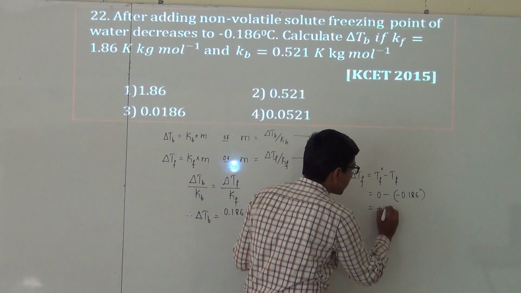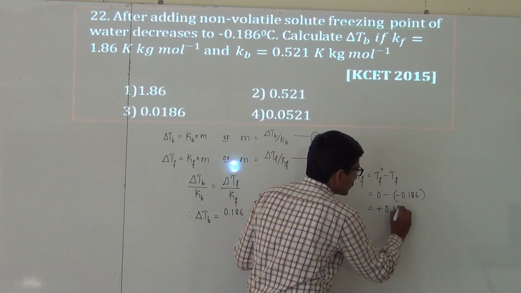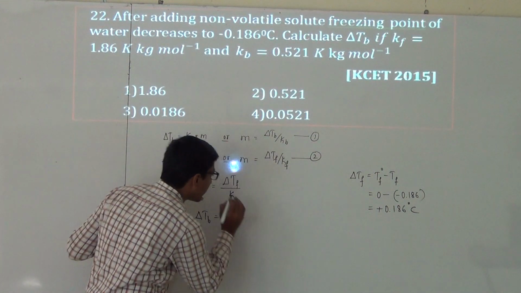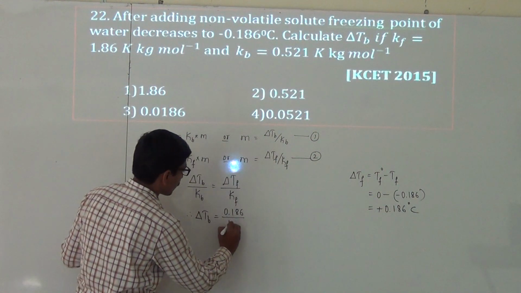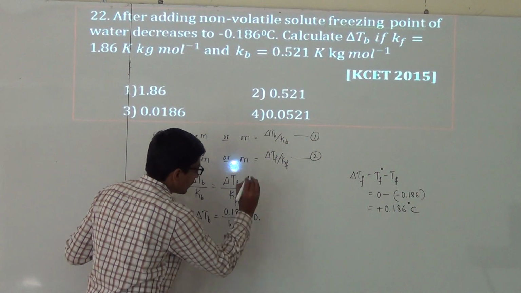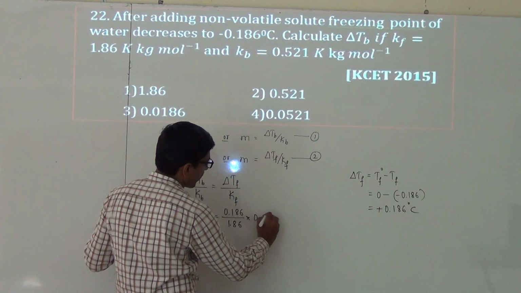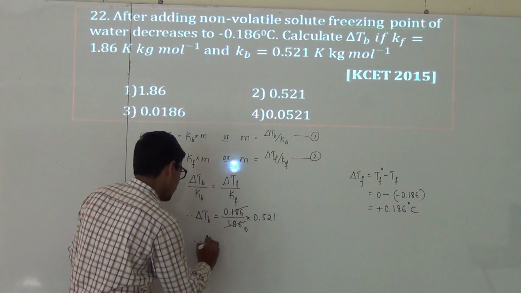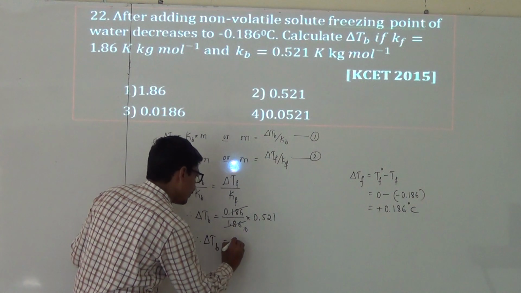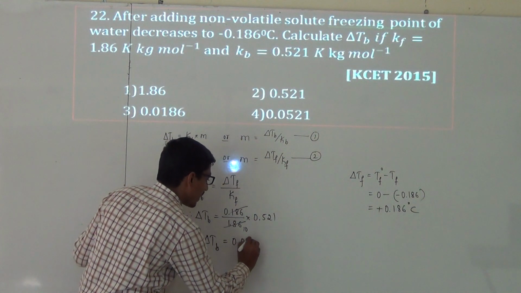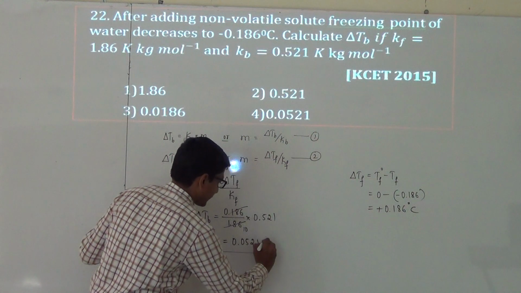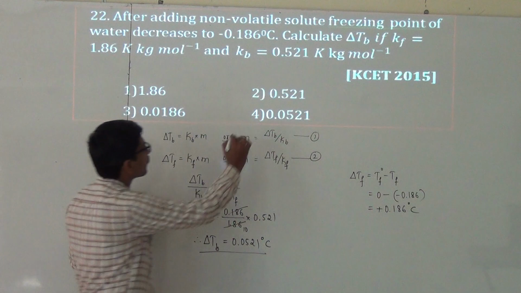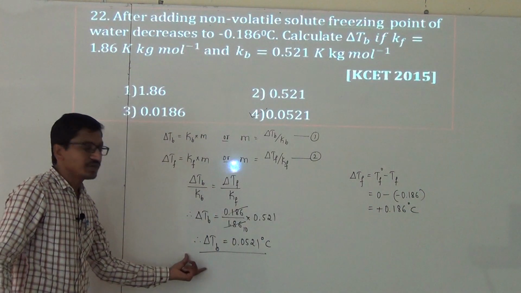Minus of minus is plus, so 0.186 degrees Celsius, divided by Kf value 1.86, into Kb value 0.521. Therefore, delta TB is equal to 0.0521 degrees Celsius. Option number 4 is the correct one for this problem.